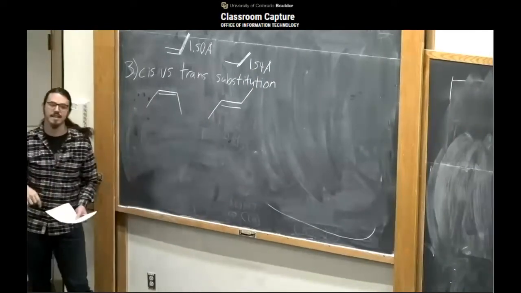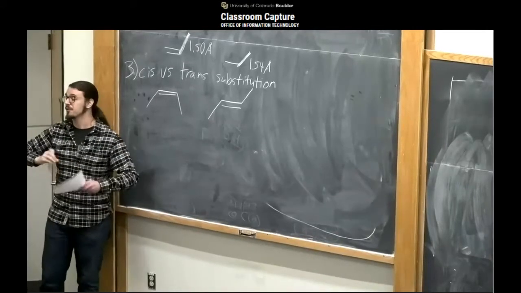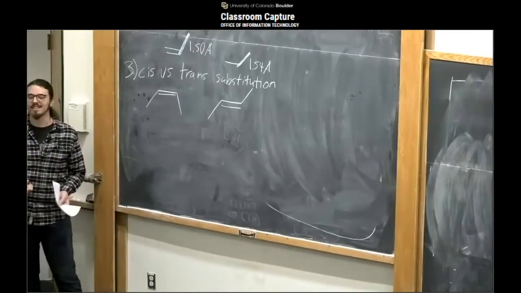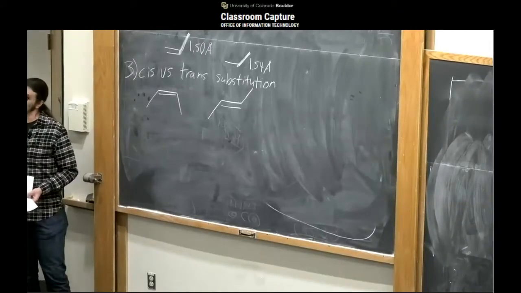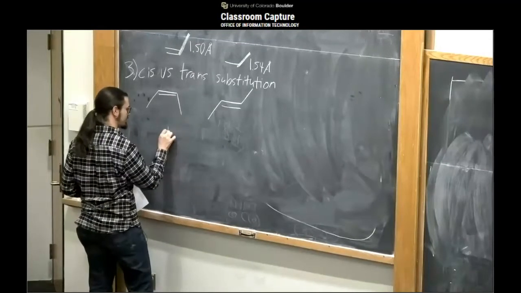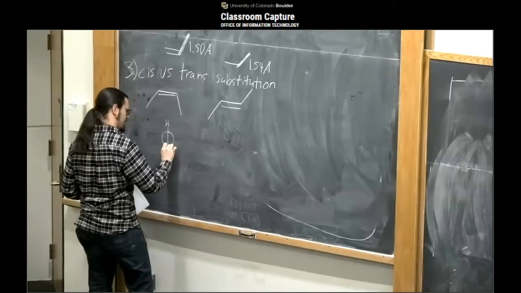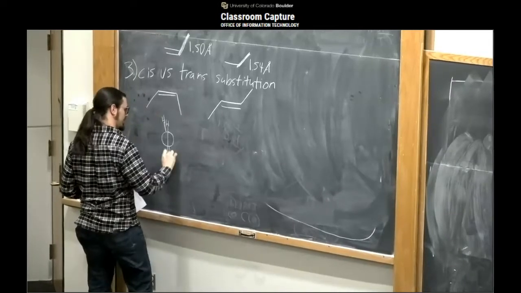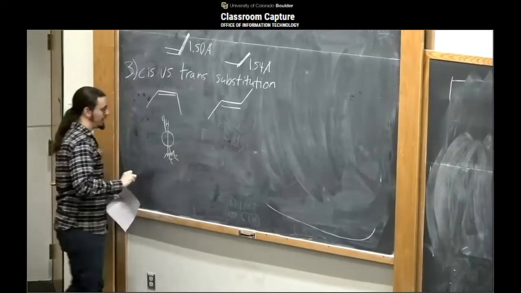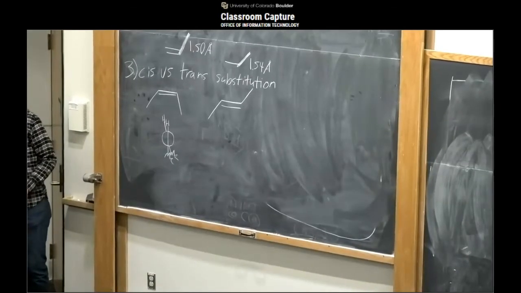The reason for this is because when you have a cis-substituted alkene, because you do not have free rotation about that double bond, it is effectively locked in a methyl-methyl eclipsed conformation. So if we think about what the Newman projection would look like for something like this, it's locked in that conformation, where the methyls are stuck eclipsing each other.